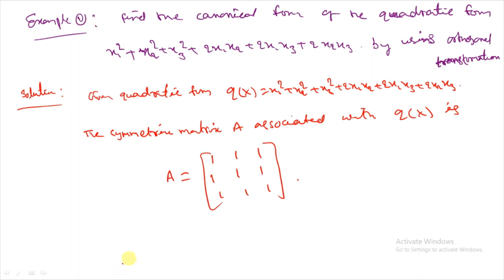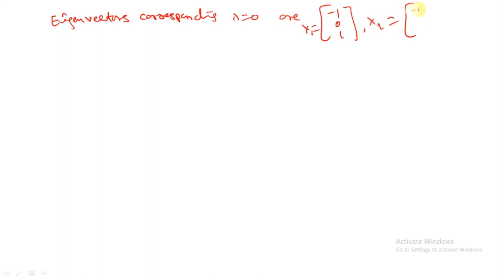Now we already discussed this matrix. We know the eigenvalues. The eigenvalues of A, I am writing directly, are 0, 0, 3, that is, 0 repeating 2 times. Now the eigenvectors corresponding to lambda equal to 0: we get two eigenvectors, x1 equal to minus 1 0 1 and x2 equal to minus 1 1 0.